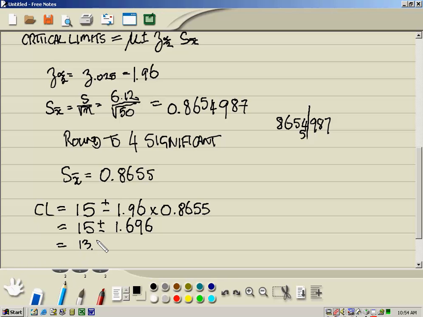That's 13.302, and add 1.696 to 15, and that'll be 16.70. Remember the 0 at the end of each of these numbers is a significant place.